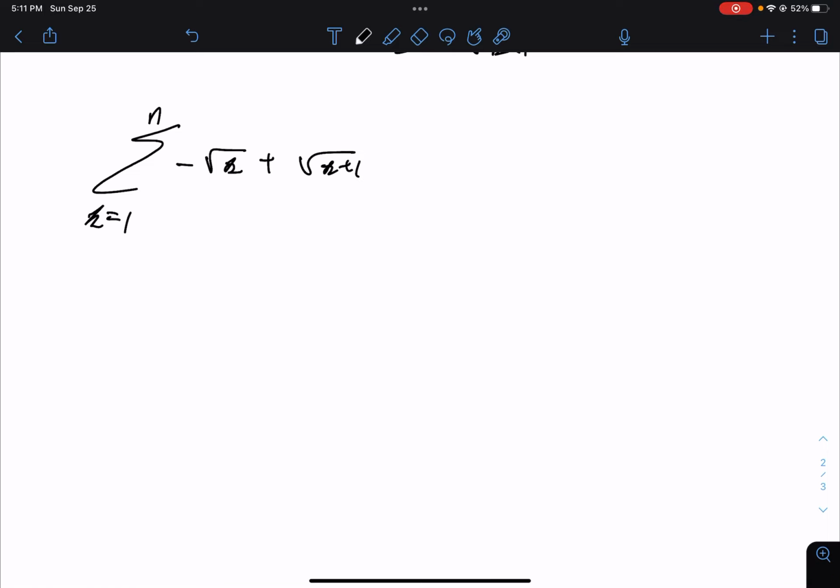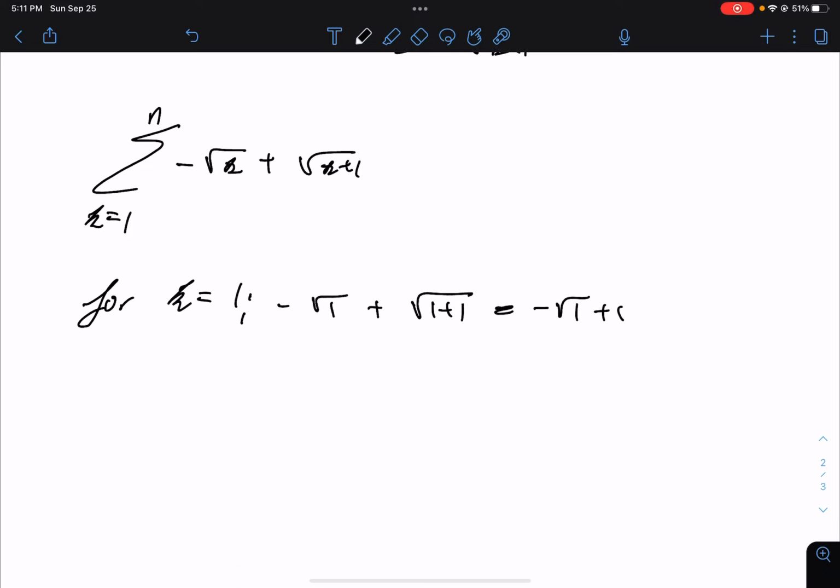Okay, now that you have this summation, what can we do? What should we do? Let's just go case by case and see what happens. Sorry for the noises, guys. For k equal 1, we have minus square root of 1 plus square root of 1 plus 1 equals minus square root of 1 plus square root of 2.